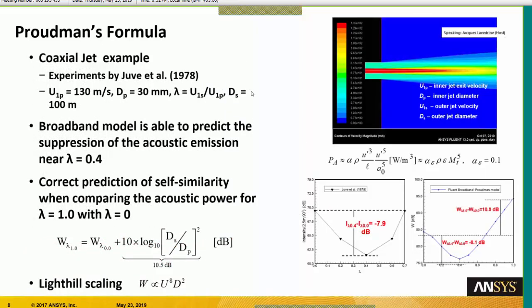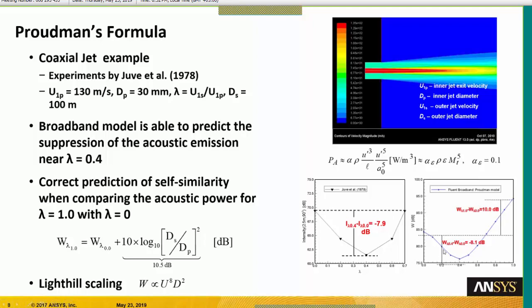Here is another example to assess the jet, a coaxial jet example with an experiment. The main point I would like to make at this point is that you recover the correct trend. That is, with this very simple model, which is a very direct post-treatment from your turbulent flow field, you will be able to have the correct trend.